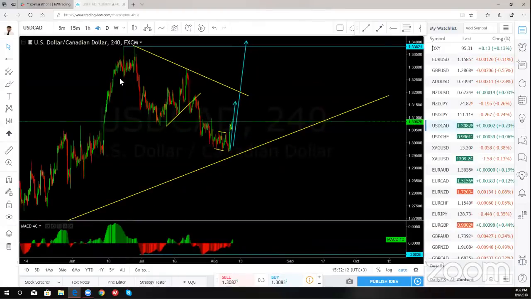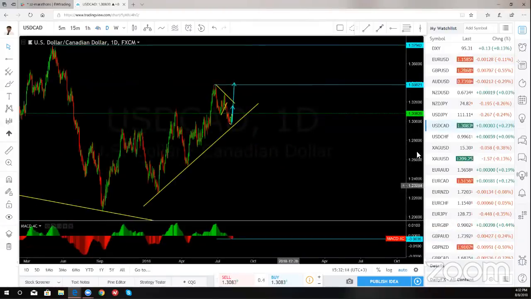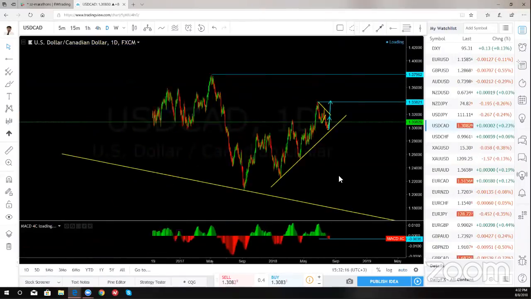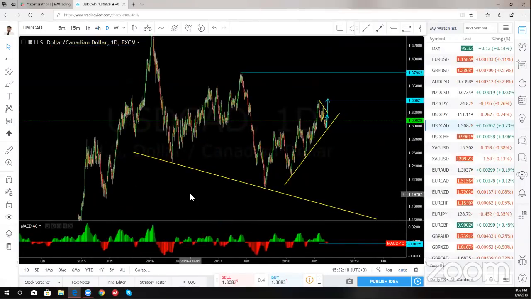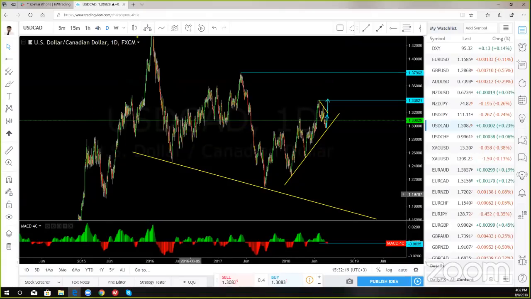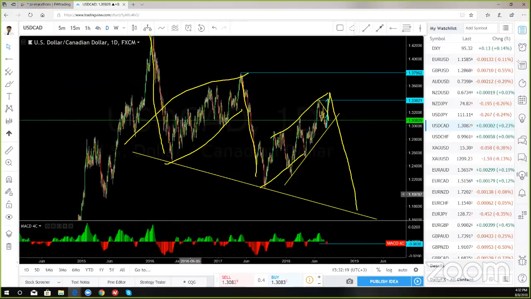Let's look at the CAD big structure, right? We've got an impulse. We've got the correction. We've got another impulse. Looks like we're in another correction, right? So this one will have to come up to the top here as we decided, and then you can start to look for this trade down. Make sense? Now, can this continue to go up?